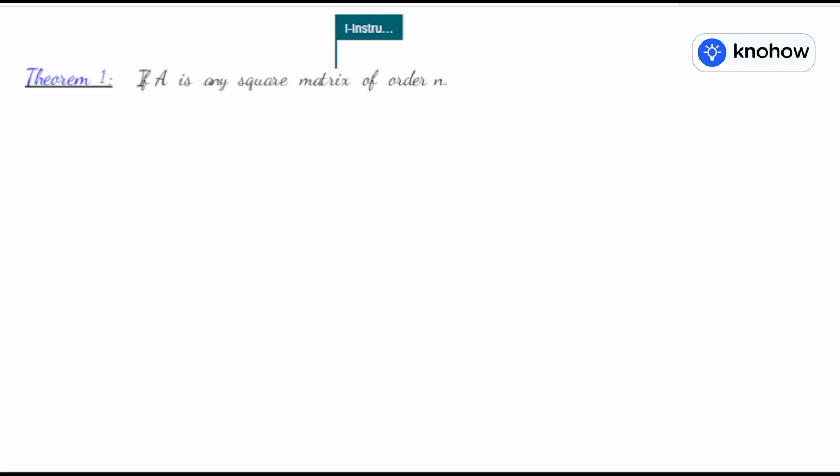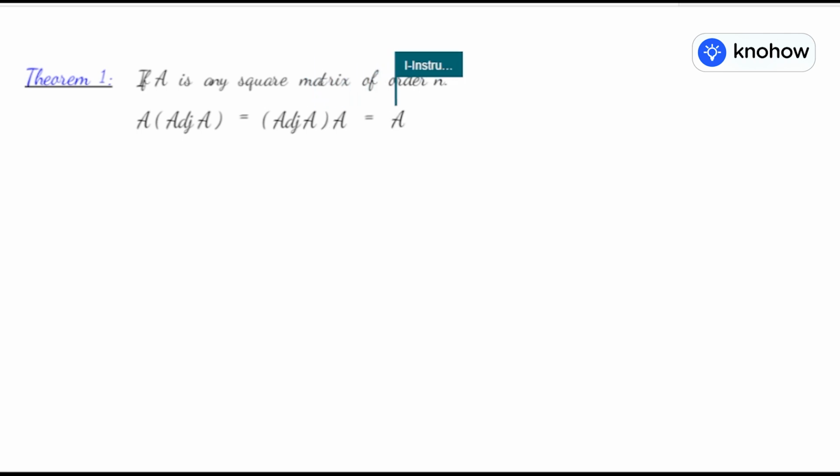It can easily be verified for any given square matrix A: A into adjoint A, even for this numerical example you will check, A into adjoint A equal to adjoint A multiplied by A will always be determinant A multiplied by the corresponding identity element of the same order. So this is an important result which will help us to find A inverse later.